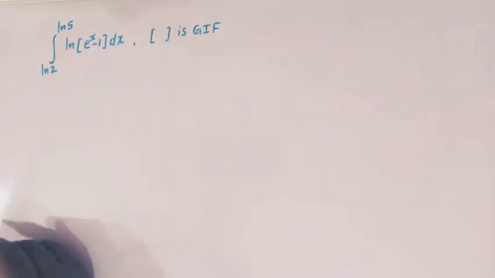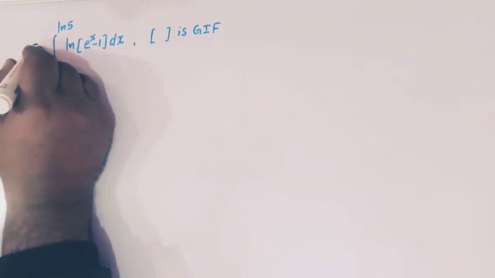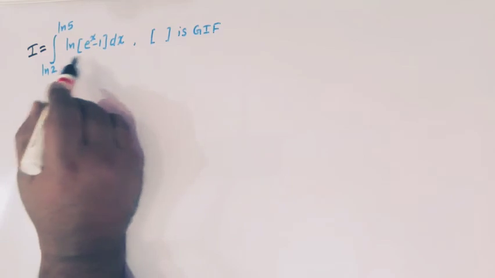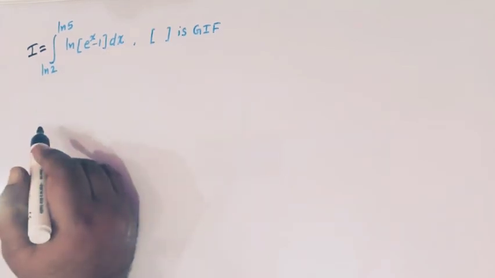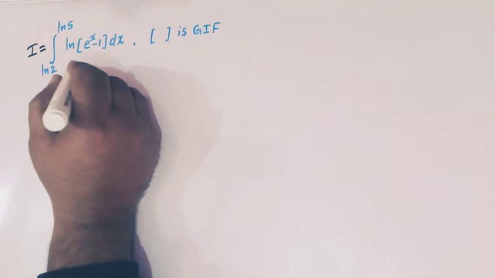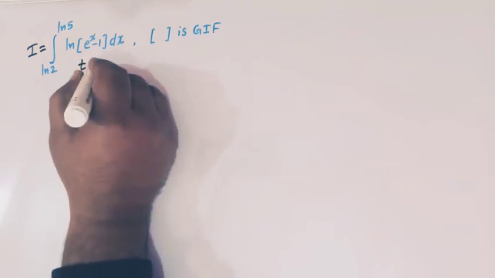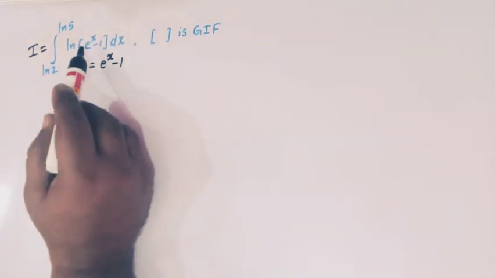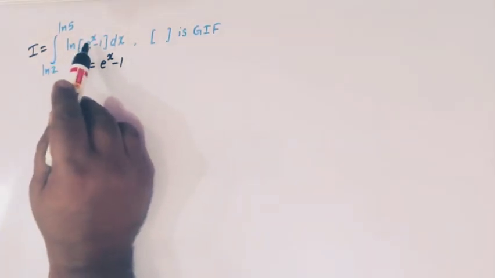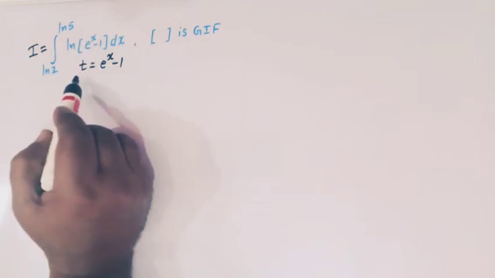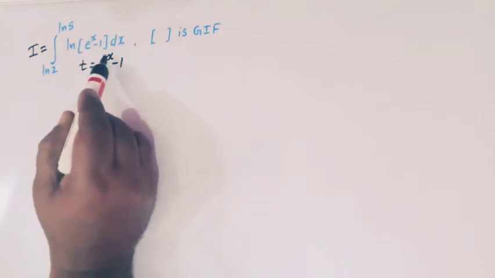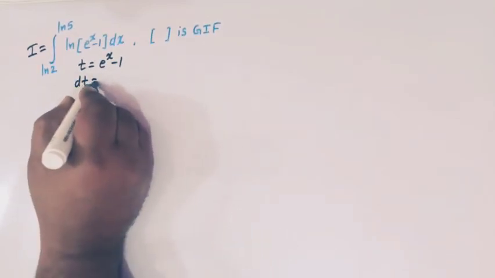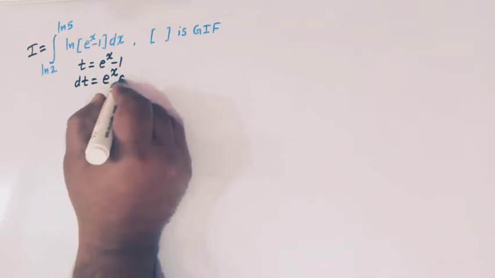So let us start. Let us first denote this integral by the letter I, and let us make use of the substitution method, and let us substitute t is equal to e raised to x minus 1. So here we are changing the variable x to t, and t is equal to e raised to x minus 1, so dt is equal to e raised to x dx.